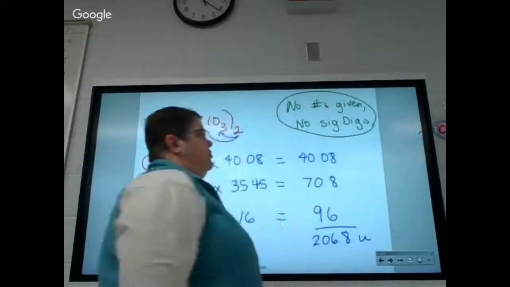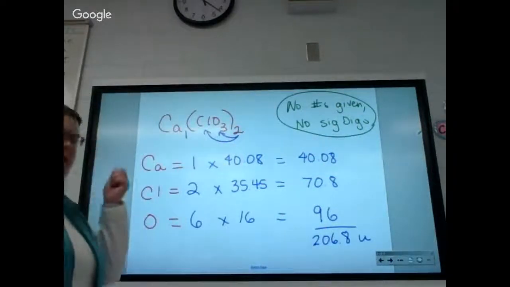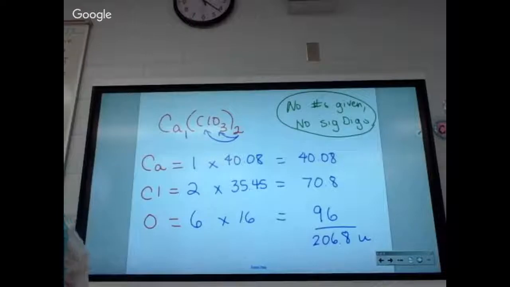Okay? Because there's no numbers given. So you don't have to worry about significant digits or the loss of points with these kind of questions. So that's kind of cool. Make sense? Yes? No? Because I just said calculate the mass of calcium chlorate. I didn't give you a number to go with it, right?